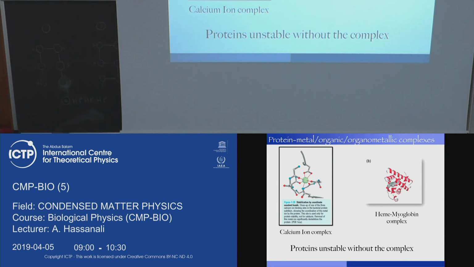It has these helices and these sheets, and they form some three-dimensional structure. For example, here this is myoglobin. Myoglobin is a protein that has heme, a chemical group that has iron, and this is the thing that binds to oxygen. So myoglobin's function is to bind to oxygen.